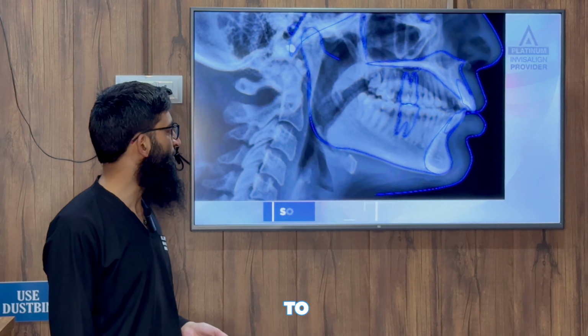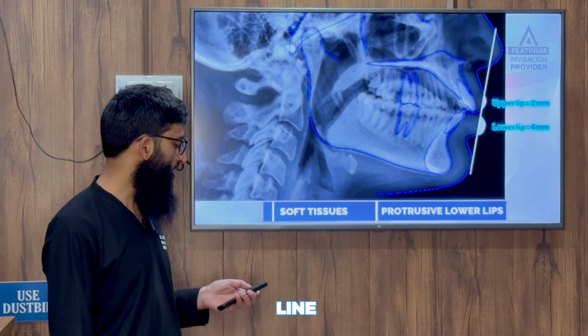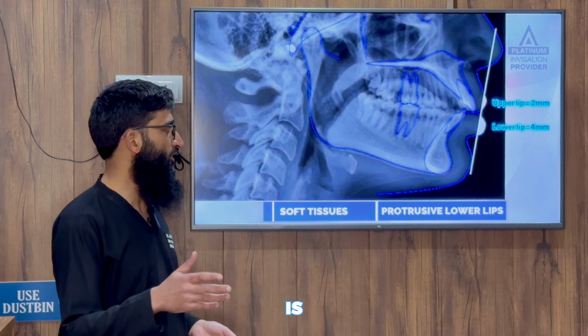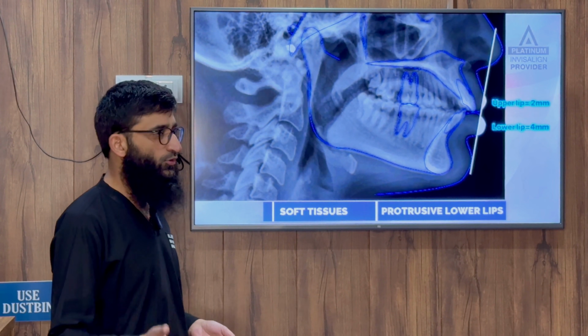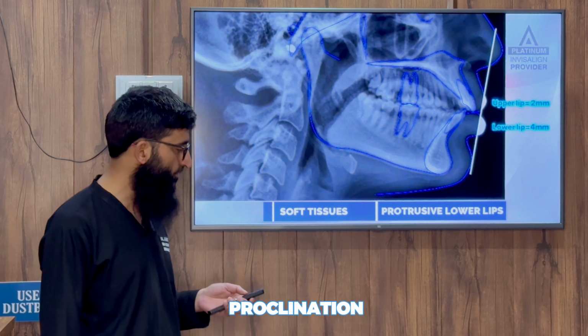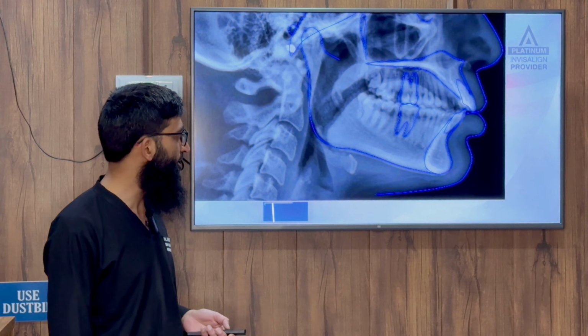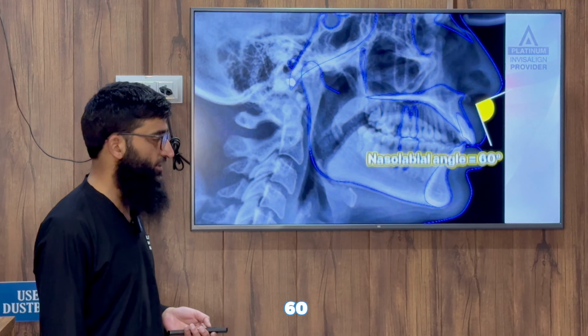Coming on to the soft tissues, if we see Steiner's line, upper lip is almost 2 mm, which seems to be normal. Lower lip comes out to be 4 mm because of proclination, so protrusive lower lips are there. Nasolabial angle of 60 is acute.